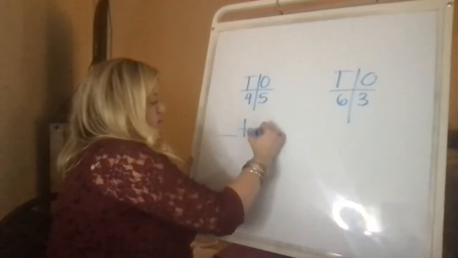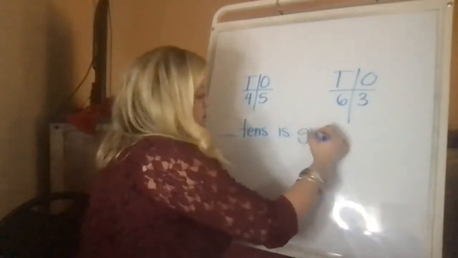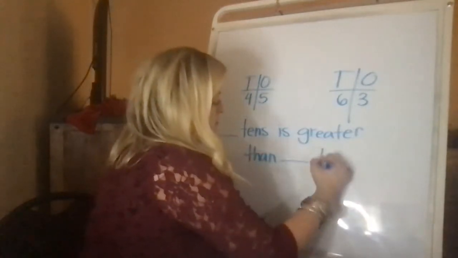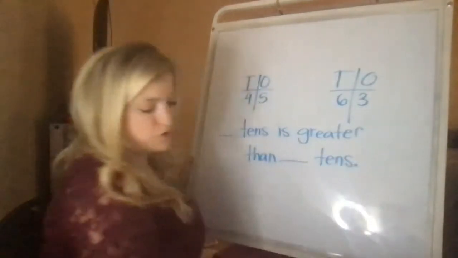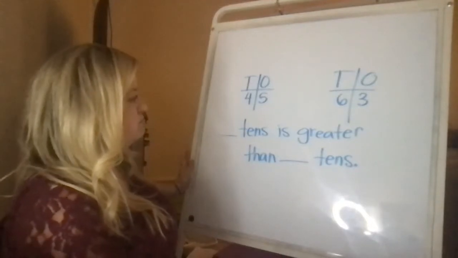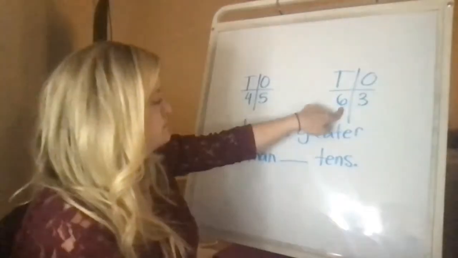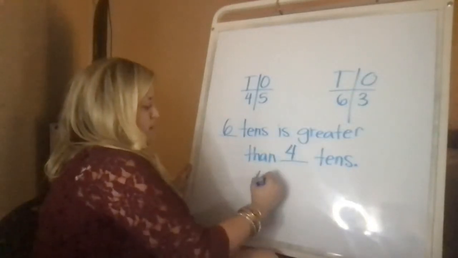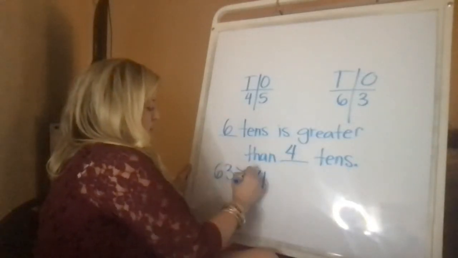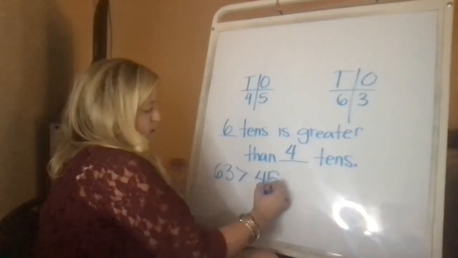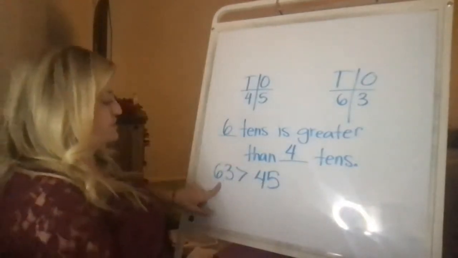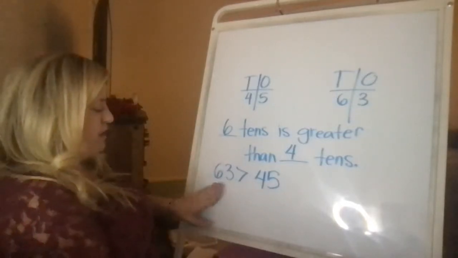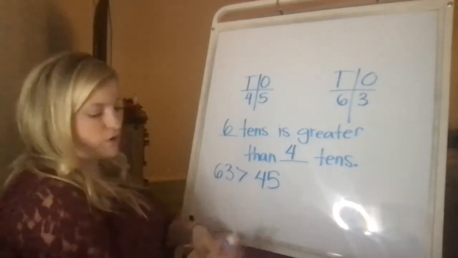Blank tens is greater than blank tens. So which one is greater than? 4 or 6? 6 is greater. 6 tens is greater than 4 tens. So I would write 63 is greater than 45. So 63 is going to go first. Whenever you have greater than, the biggest number goes first. Then the smaller number. 63 is greater than 45.